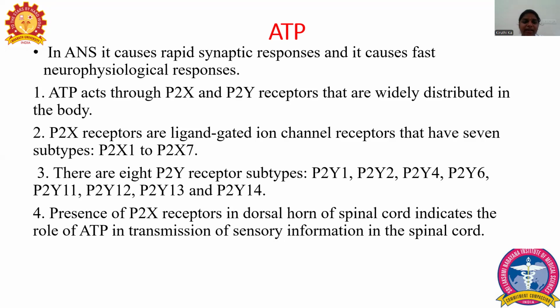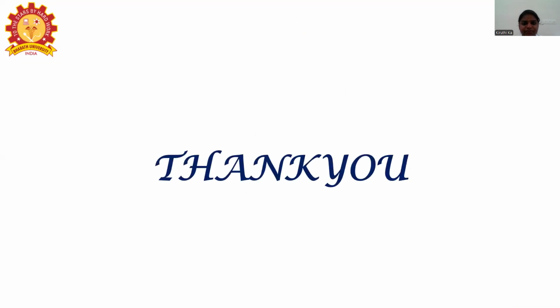There are 8 P2Y receptor subtypes: P2Y1, P2Y2, P2Y4, P2Y6, P2Y11, P2Y12, P2Y13, and P2Y14. These receptors in the dorsal horn of the spinal cord indicate the role of ATP in transmission of sensory information in the spinal cord. Thank you.